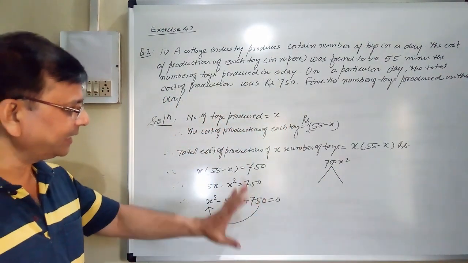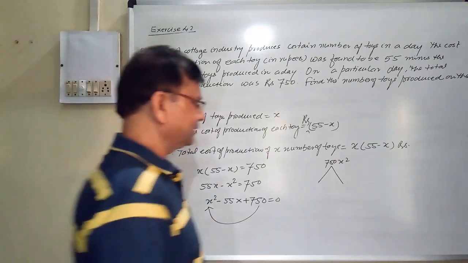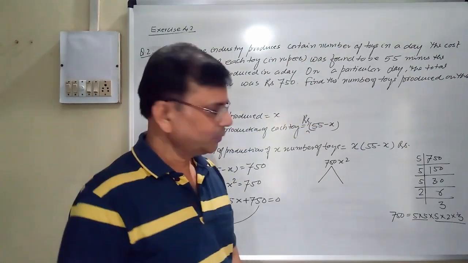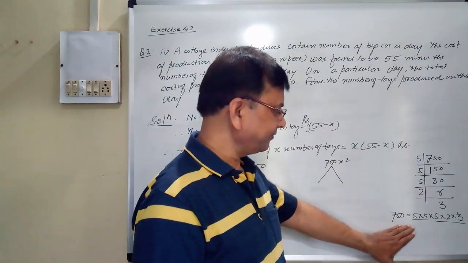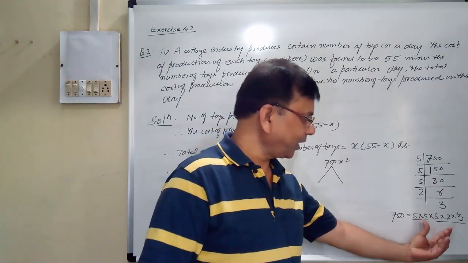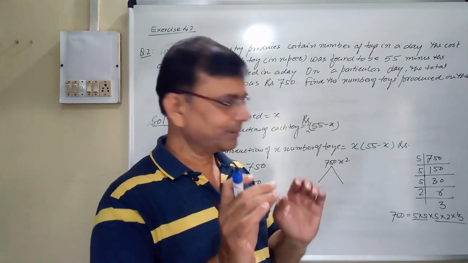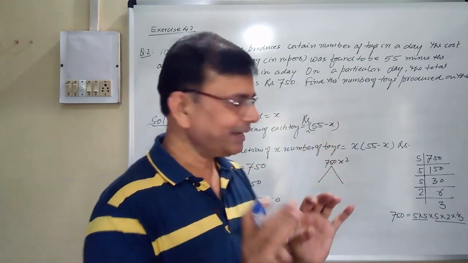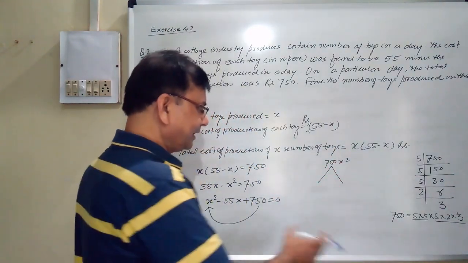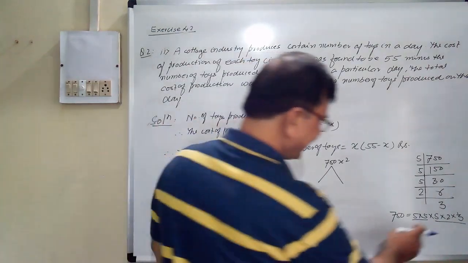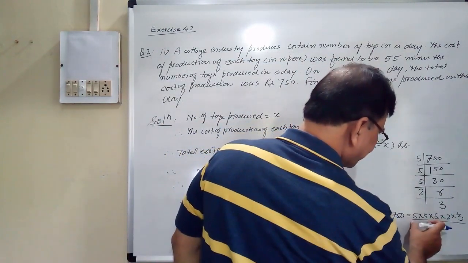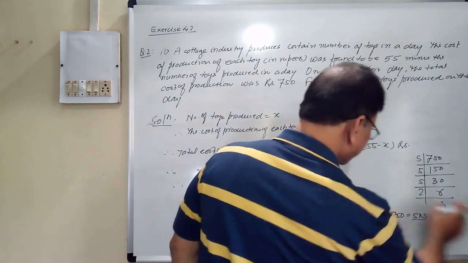So we have factorized 750. We have got this. Out of these factors we will take only two factors, such that the sum will be minus 55. So there you can see it is 25 and it is 30.